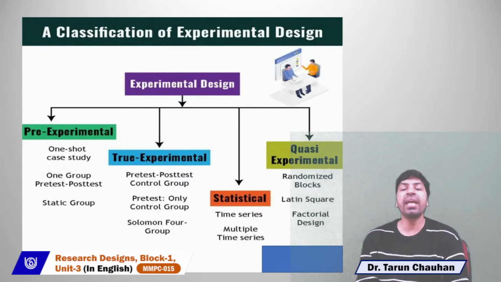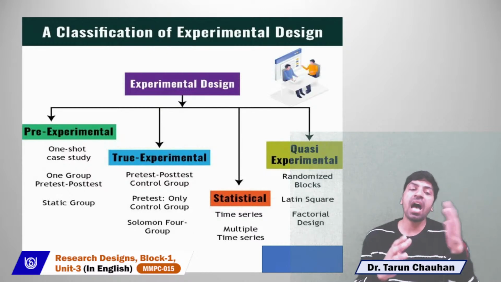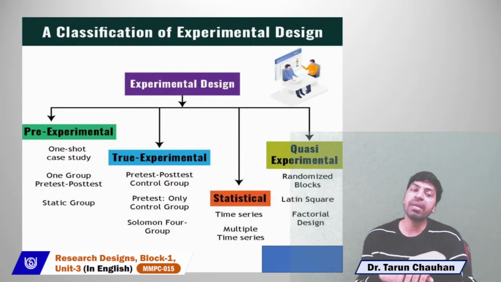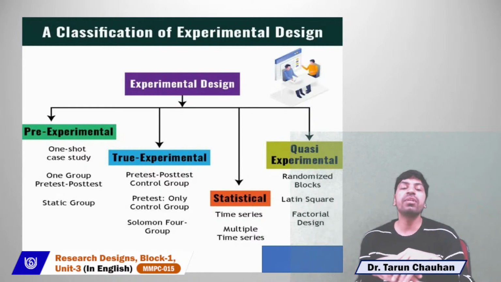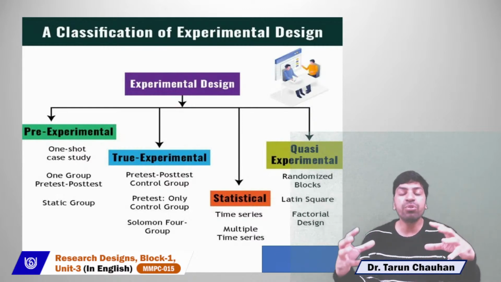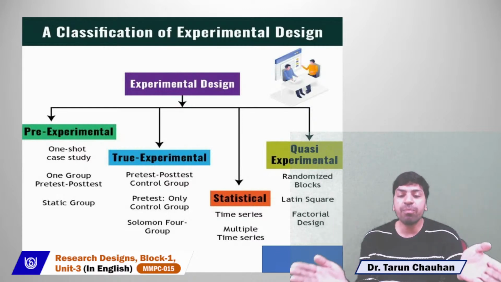statistical tools. The quasi-experimental design is called a partial design, the half version of the pre-experimental and half version of the true experimental. It is a neutral design, or a combination of both.